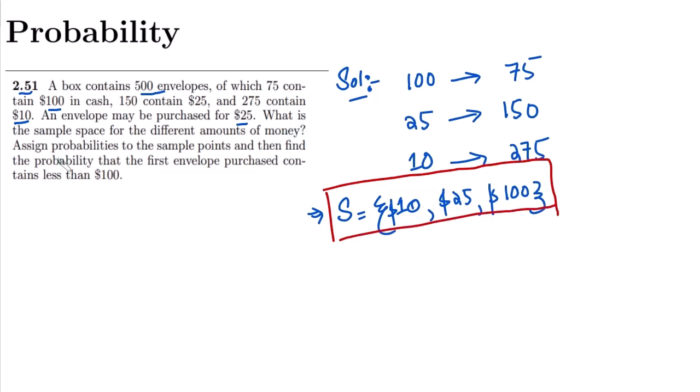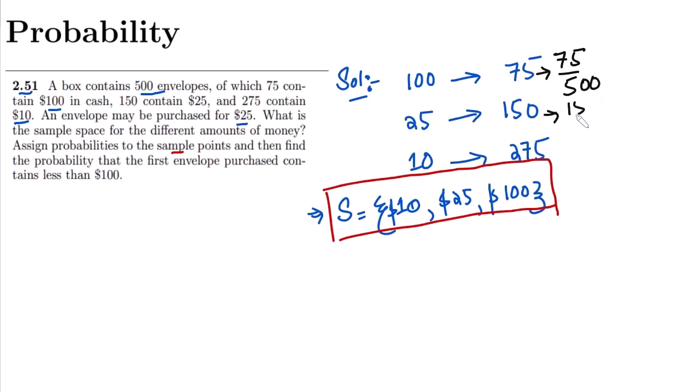We have to find the sample space for different amounts of money and then assign probabilities to the sample points. So now we have to assign probabilities to different amounts. So it would be 75 divided by the total number of envelopes, which is 500.